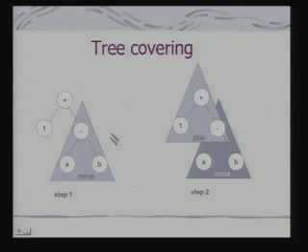Now, in fact, tree covering, a very simple algorithm for generating code, works in this way. I have covered this with one operator. Then I choose what is the next operator I can make use of. So I get this next part covered. That means this could be a register operand which has to be replaced here. So that's how I can now generate instructions given a graphical model of a set of instructions.